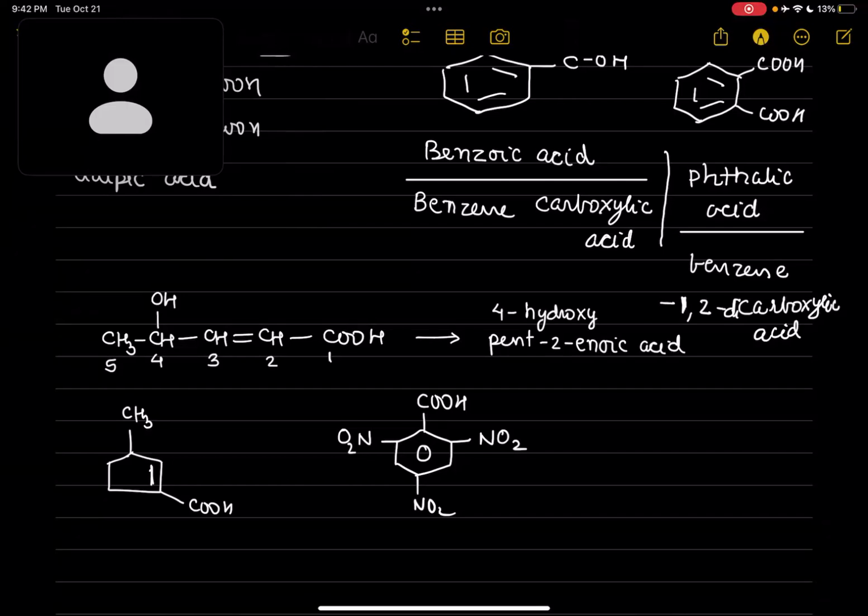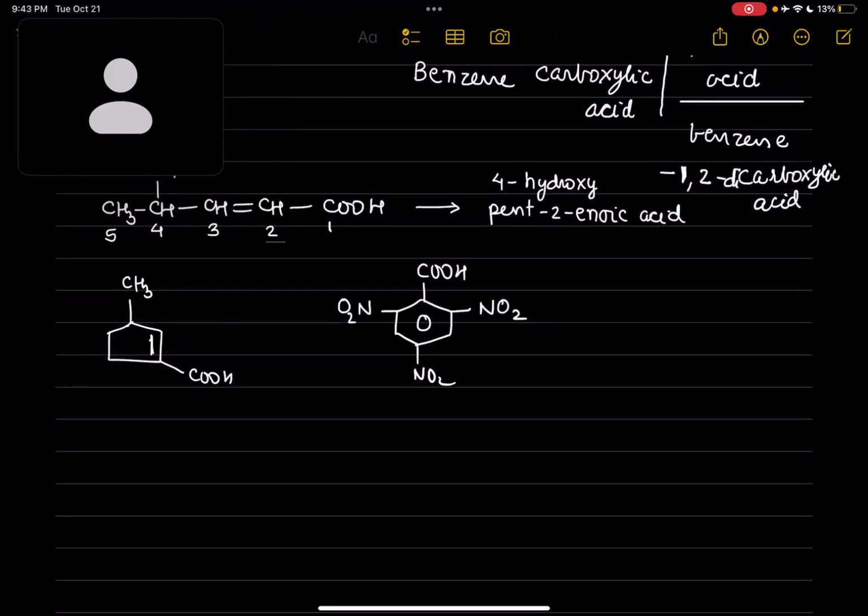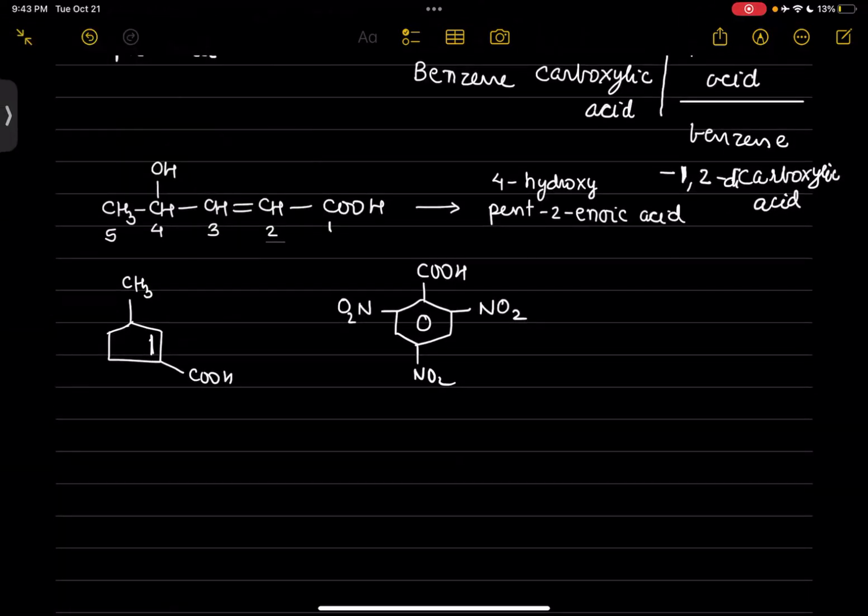So, hydroxy and 2-enoic acid. OH is an alcohol if it is the principal functional group, but if there is some other functional group having higher priority than the alcohol, then that functional group is treated as the parent functional group, and OH is treated as a junior functional group.